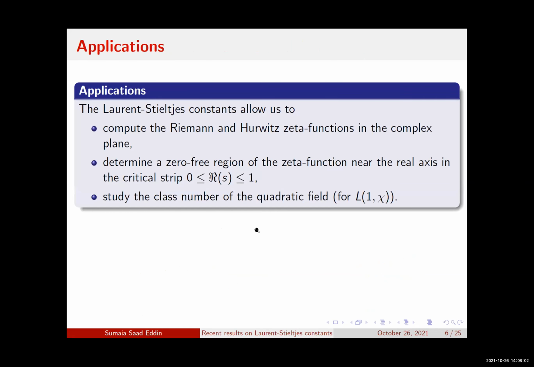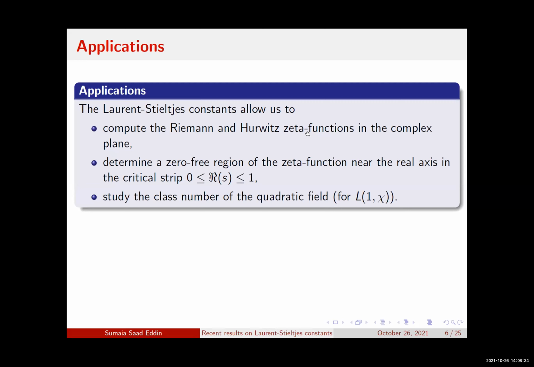The second question in our presentation is where we can use the Laurent-Stieltjes constants, and what the motivation is to study this coefficient. I chose some points. Laurent-Stieltjes constants allow us to compute the Riemann and Hurwitz zeta functions in the complex plane.